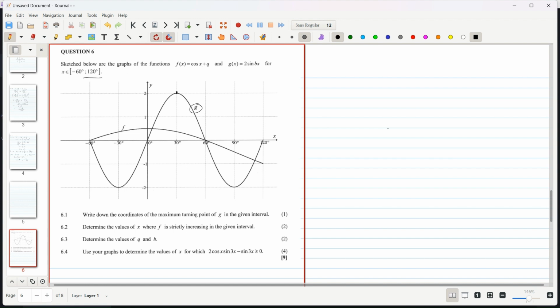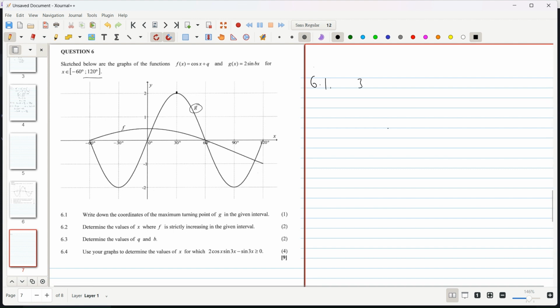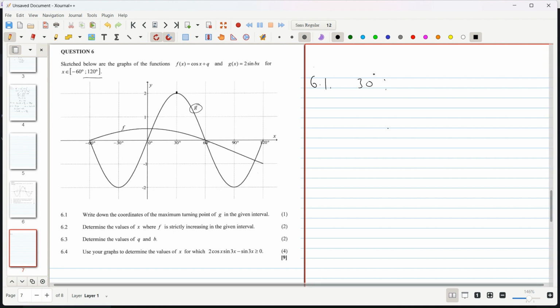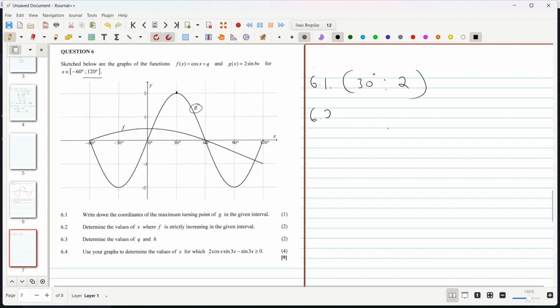This is the maximum turning point of this graph on the given interval. So for 6.1, the coordinates will be 30 degrees, 2. Those are our coordinates.